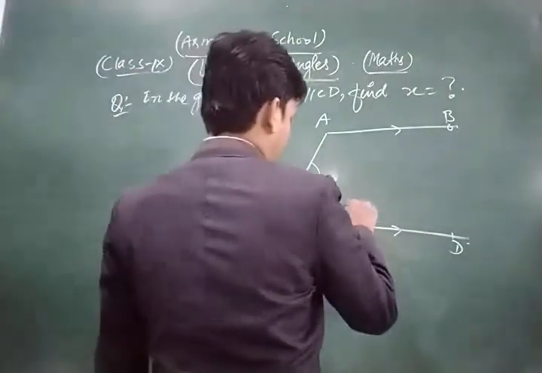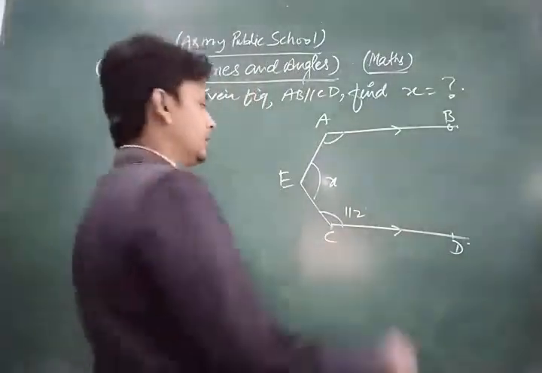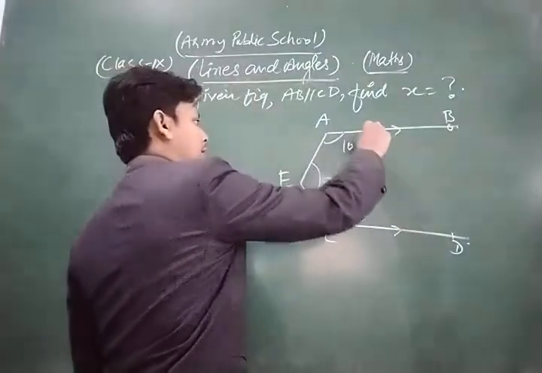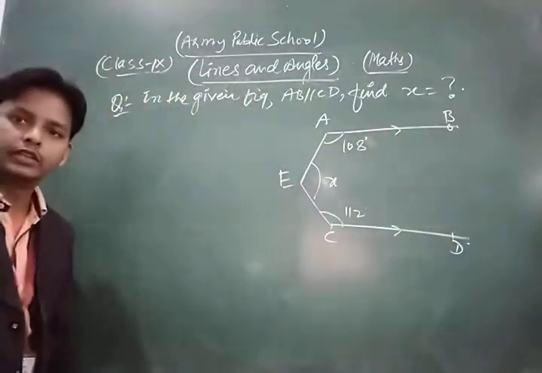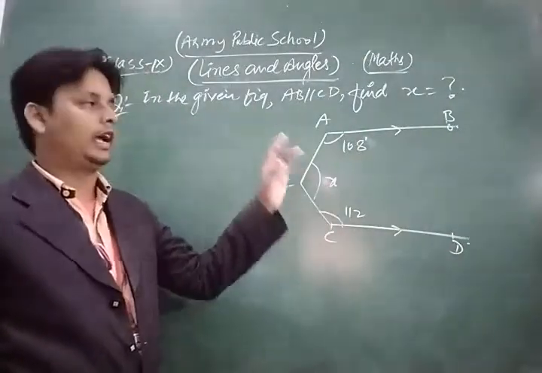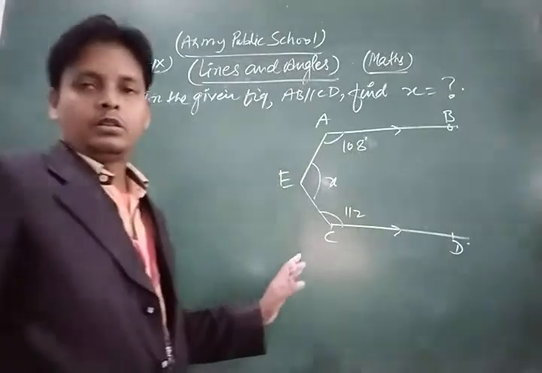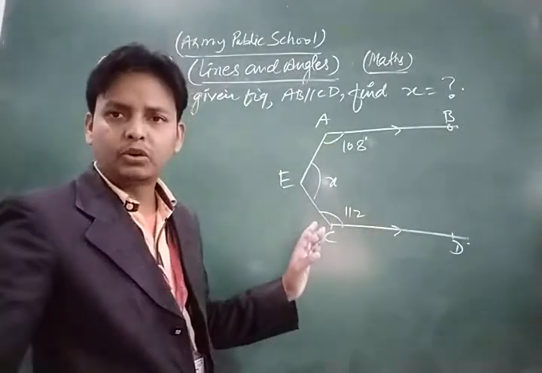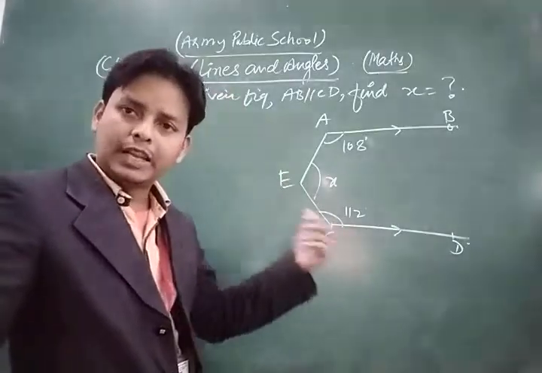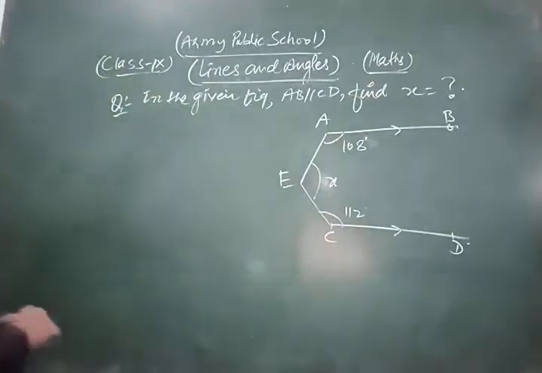This is 112 and this is 108. So this is the question here. Dear students, this is the figure which is given in our question, and in that question we find the value of x. Dear students, this is a very important question related to your syllabus, your chapter. Let's see its solution.